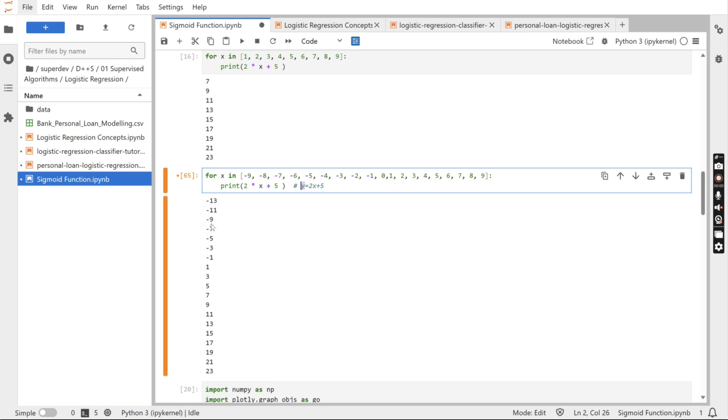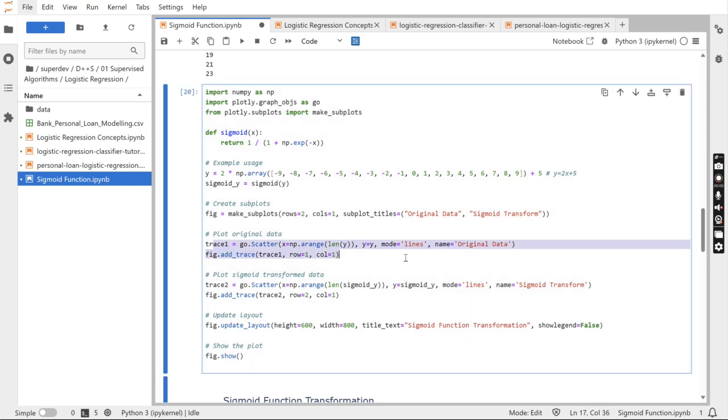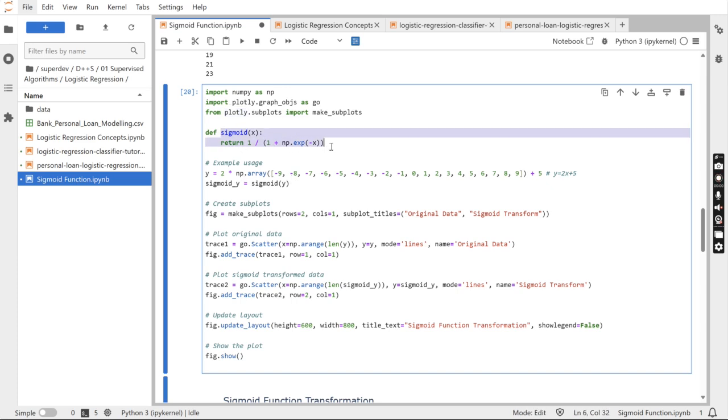But interestingly, if I go ahead and plot this, don't worry about the fancy coding here. I have used Plotly to get the three-dimensional, interactive plot. So all I'm trying to do is calculate the equation.